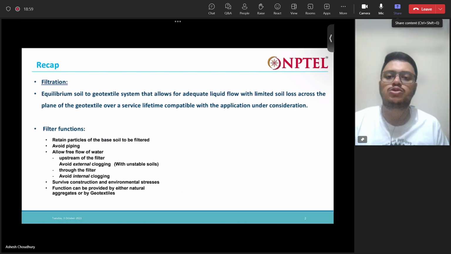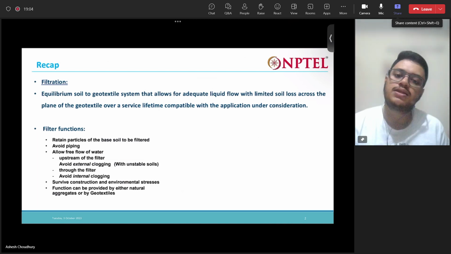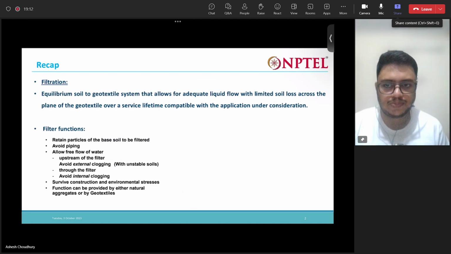The main use of this filter is to prevent the passage of soil through it, but allow easy passage of liquid.